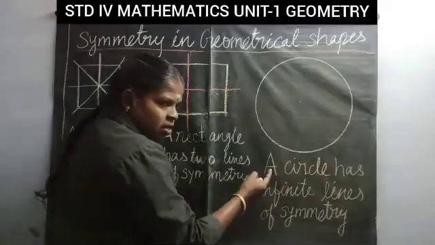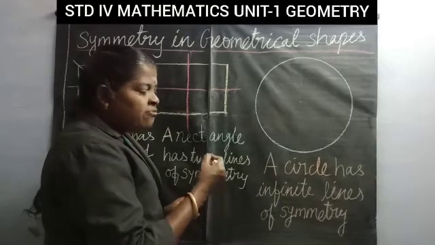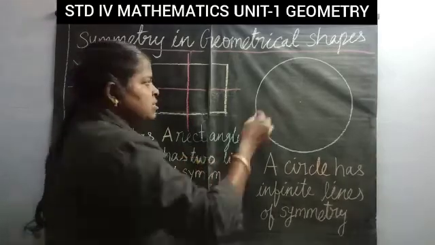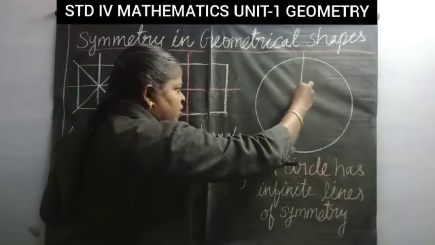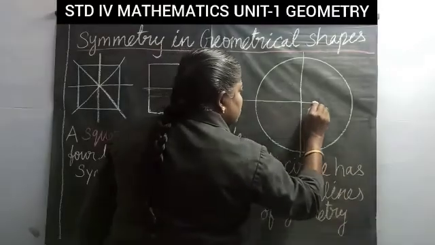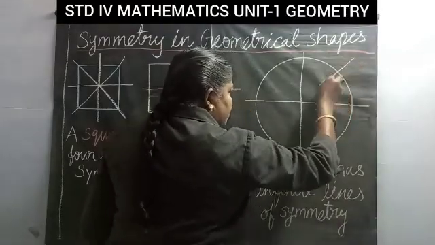This is a circle. A circle has infinite lines of symmetry. We can draw many lines of symmetry passing through the center.